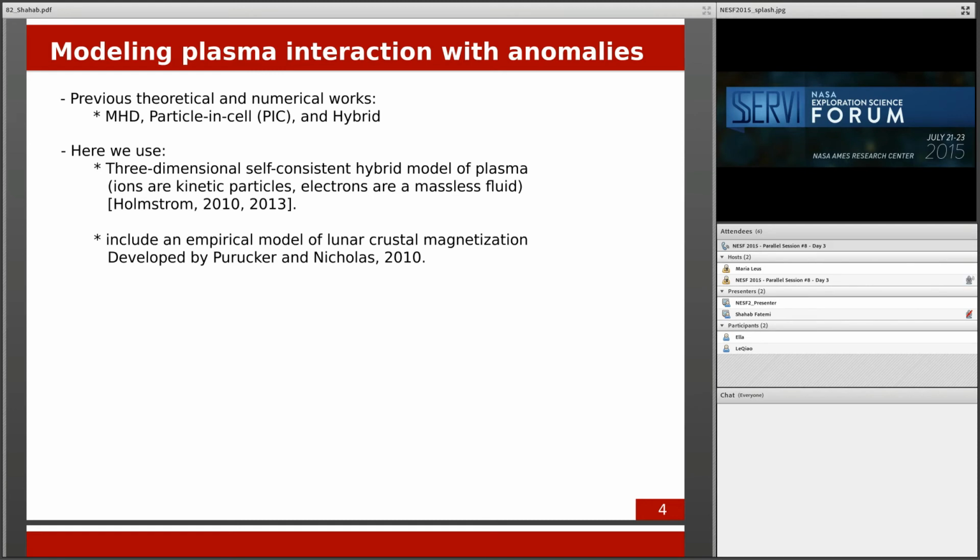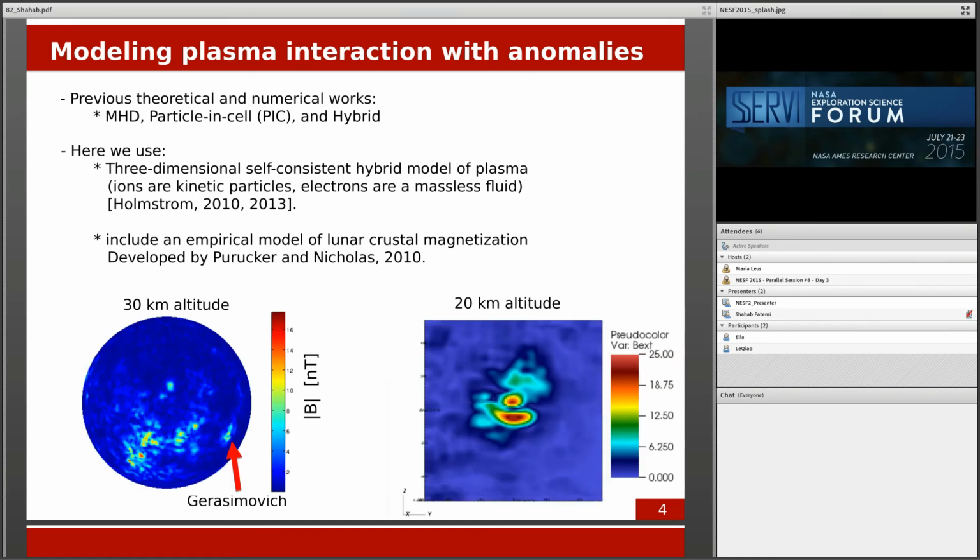Here we use a three-dimensional self-consistent hybrid model where ions are kinetic particles and electrons are a massless fluid. We include an empirical model of lunar crustal magnetization developed by Purucker and Nicholas 2010 into our model. The empirical model is a spherical harmonic model based on lunar cross-sector observations and is the highest resolution map of the internal magnetic field of the Moon that is available today.